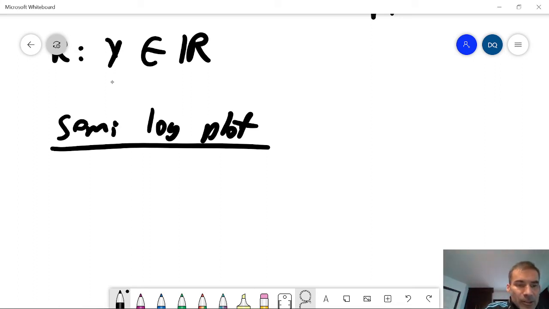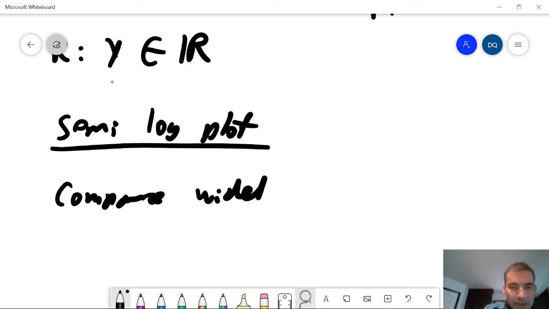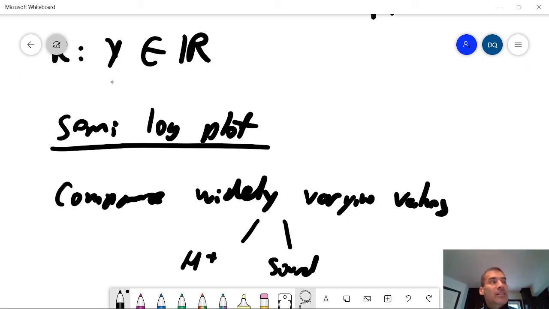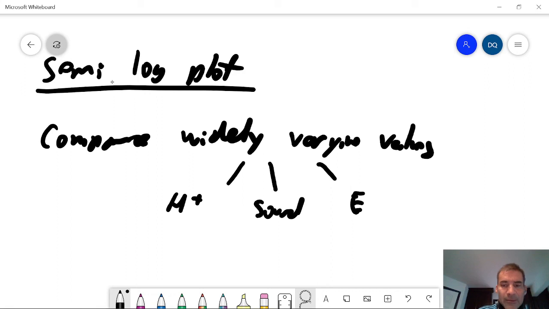You can also use this to compare widely varying values. So examples of that is, say, H plus ion concentration for acids. That's the pH scale, is a log scale. Intensity of sound. There's a broad range of sound intensities that you're capable of hearing. And earthquakes. So these are the three most common examples that you'd be familiar with where they have log scales.